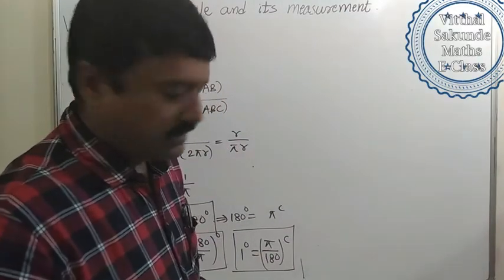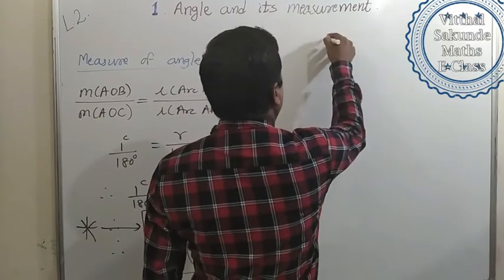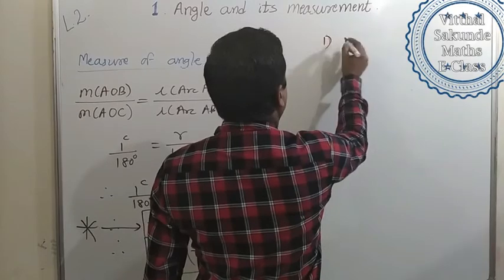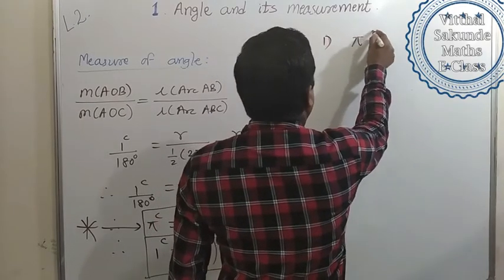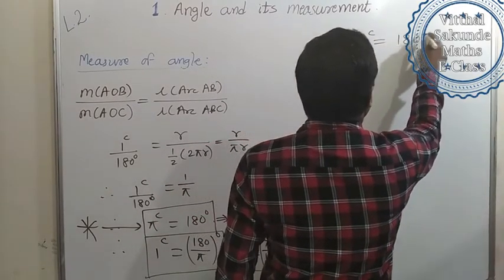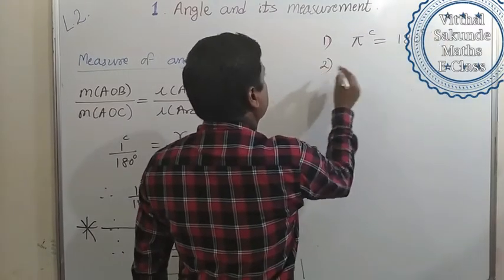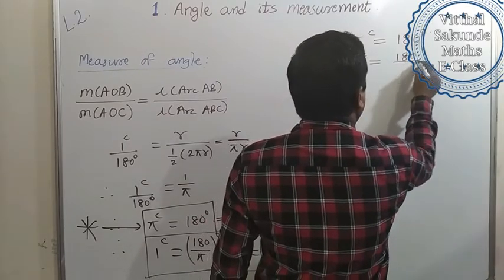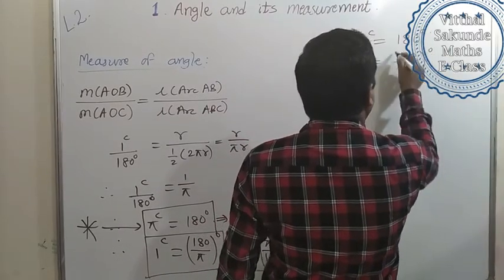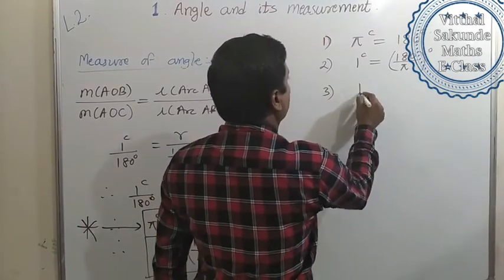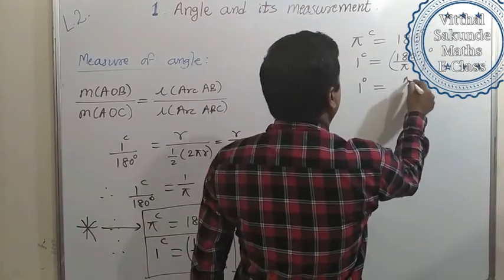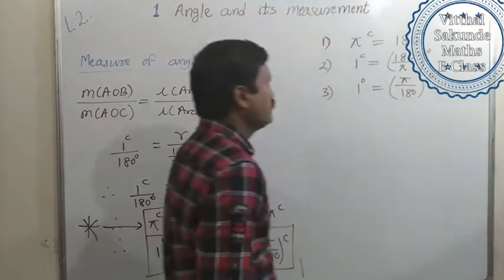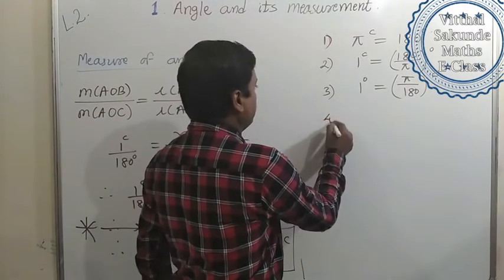Here we have derived one important point, that pi radian is equal to 180 degree. We will write the second as 1 radian is equal to 180 upon pi degree. Third one, 1 degree equal to pi upon 180 radian. Okay, let us see the next one.